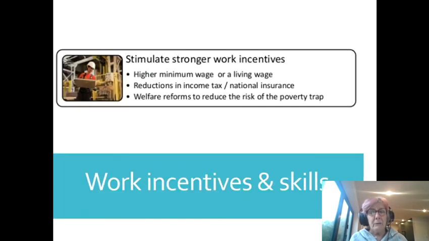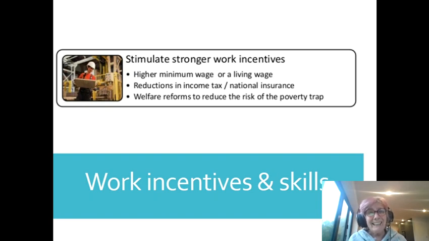So some examples. Work incentives and skills. I said that supply side policies aim to increase the quantity and the quality of our resources. If we can get more people into the labour market, that increases the quantity of labour. How can we do that? Things like having a higher minimum wage or a living wage.